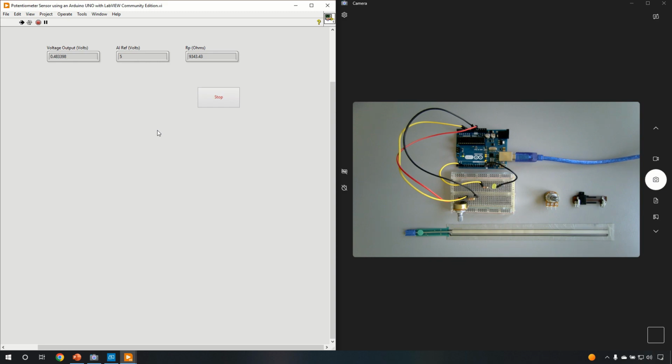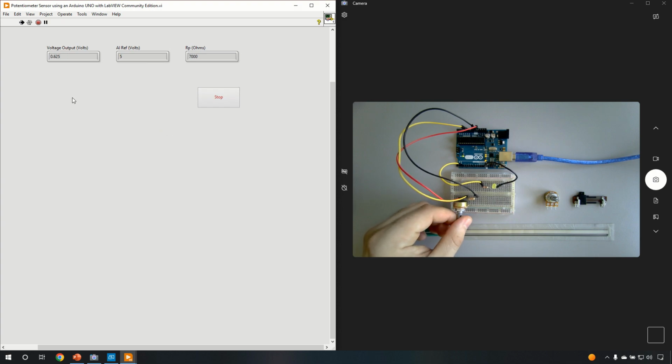code. So as we can see now, the value is approximately 8,900 ohms. If I rotate counterclockwise or clockwise, it's 0.9 ohms. So the lower bound is 0.9 ohms roughly, and we can see the voltage is 4.99.